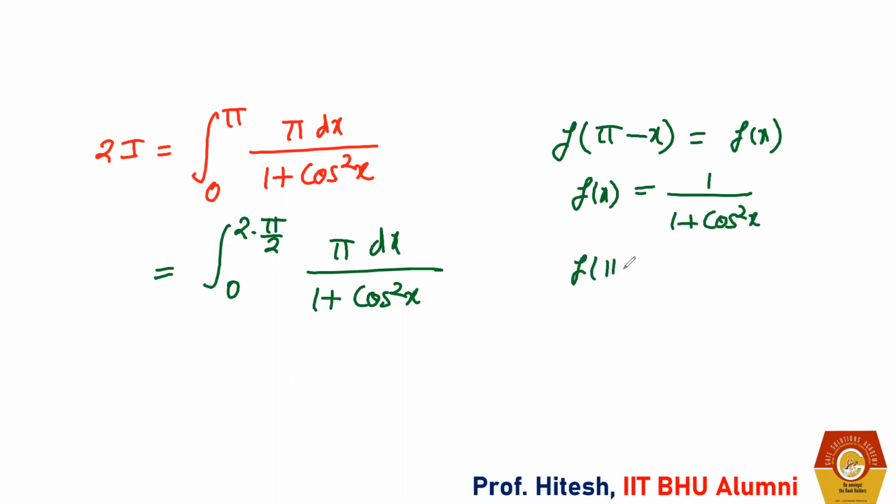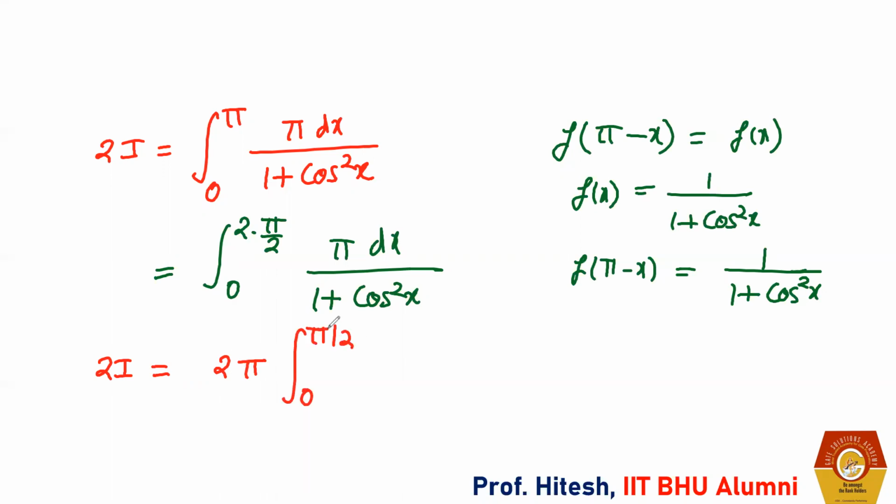So f of pi minus x is also 1 upon 1 plus cos pi minus x square, that is same. So we can write 2I is equal to 2 times, ये पाई को ही बाहर निकाल लिया, 0 to pi by 2 dx upon 1 plus cos square x.